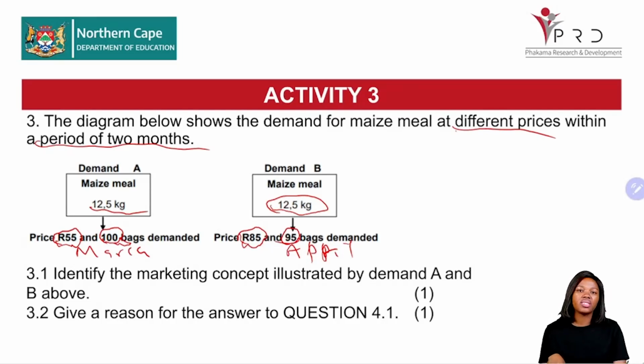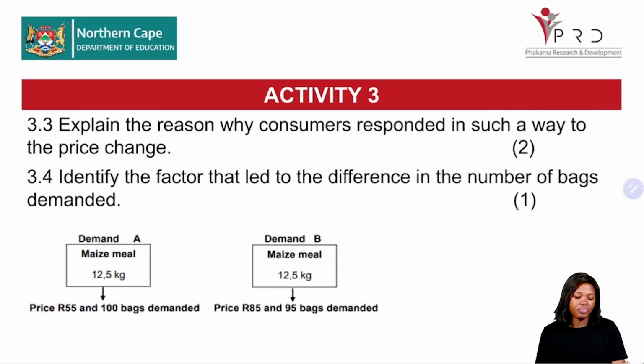Initially in March, it was 55 rand and they demanded 100 bags. In April, it is now costing 85 rand, and the consumers demanded 95 bags of maize meal. Now, identify the marketing concept illustrated by diagram A and diagram B above.